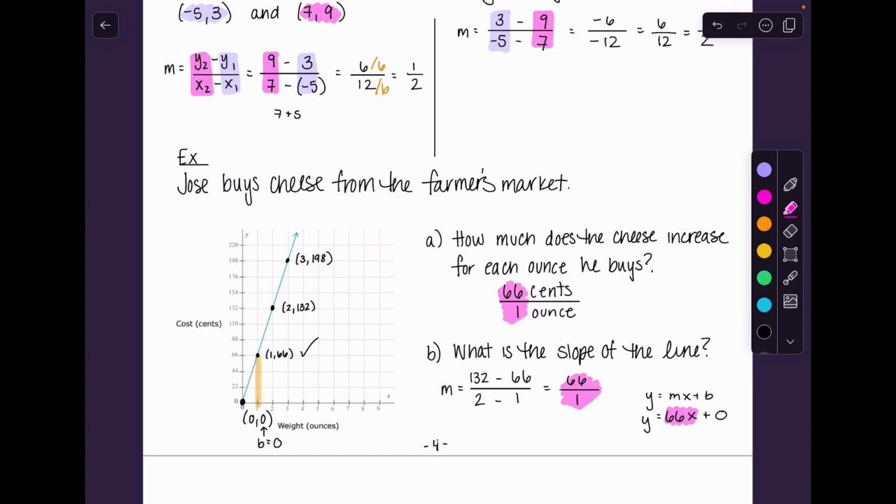And I would do 66 times 10 to find my amount. And that's much nicer for weird values, because if I buy 10.17 ounces of cheese, using the graph, I can't figure that out, but I can use that equation to get the exact amount I would pay. So building these equations is going to be super essential to a lot of stuff that we do.